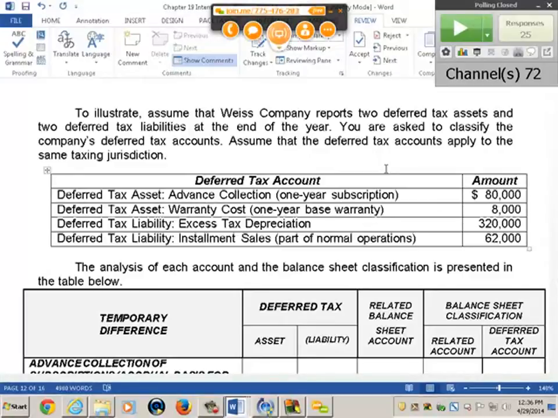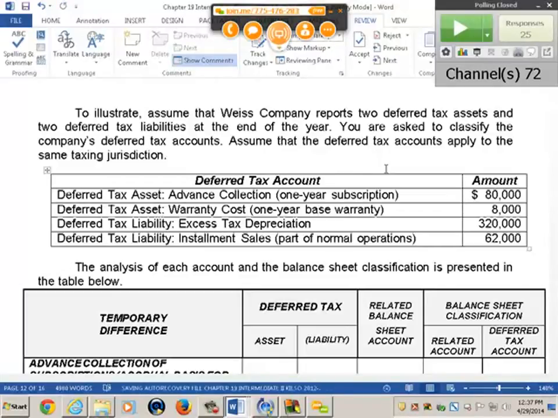We have an $80,000 deferred tax asset for a 1-year subscription. That means that there is an advanced collection, which is immediately taxable, gives rise to future tax deductions. Warranty, can't deduct it right now. Got to be a tax asset.